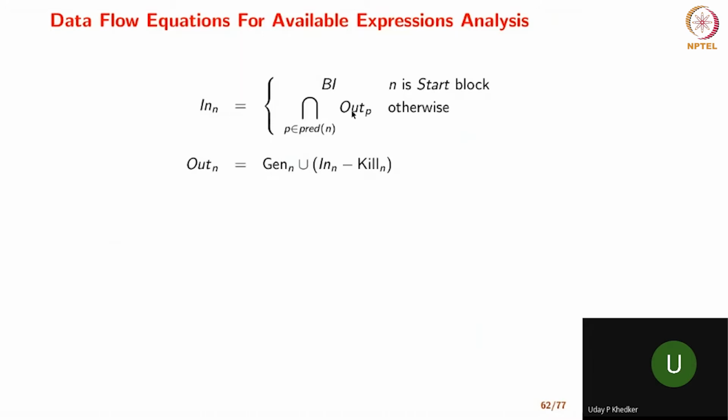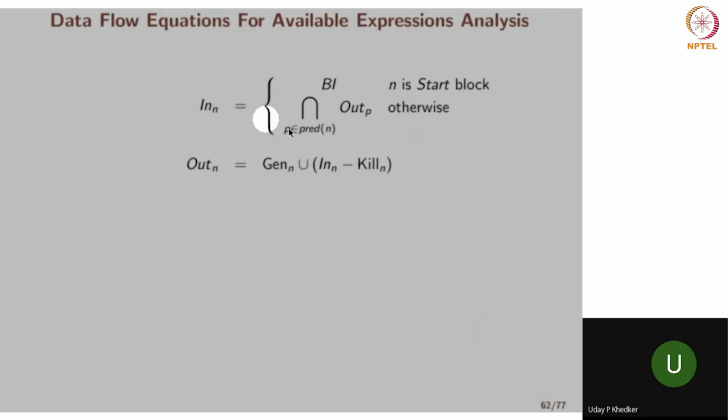In live variables analysis, we used union and we talked about successors, and we used the information from successors to compute the out variable. Here we are computing in from predecessors instead of successors, and the out of the predecessors, and we are taking an intersection.